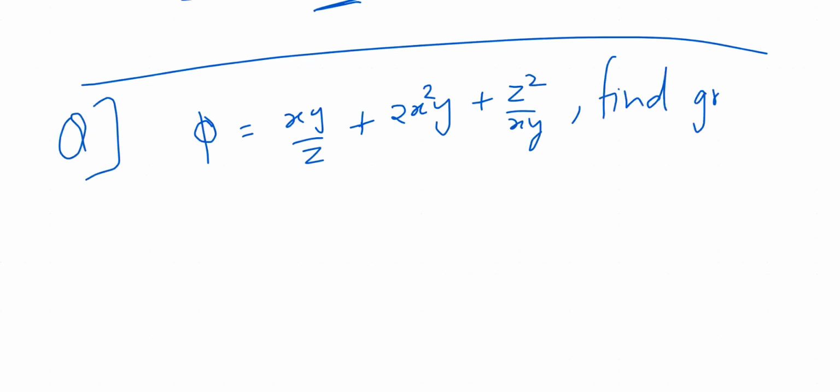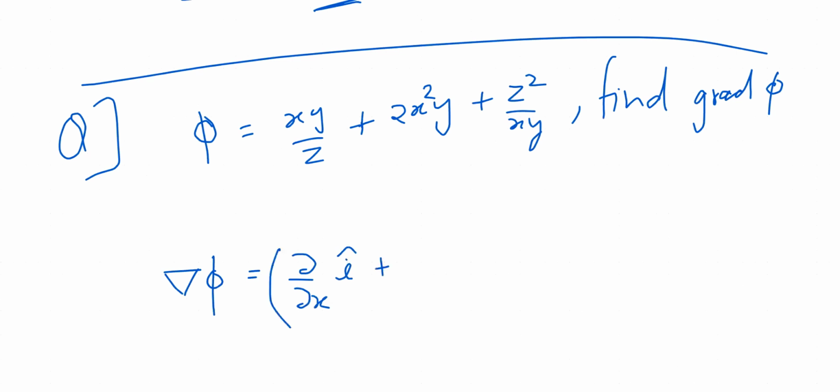I have taken this random example, okay? So find the gradient of phi. So let us find del over del x of phi into i cap plus del over del y into j cap plus del over del z into k cap.